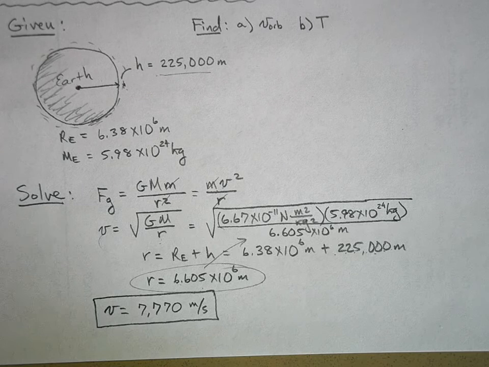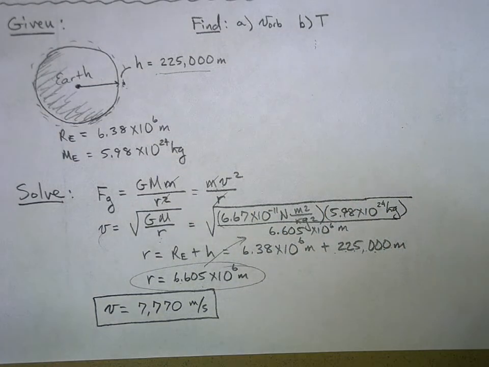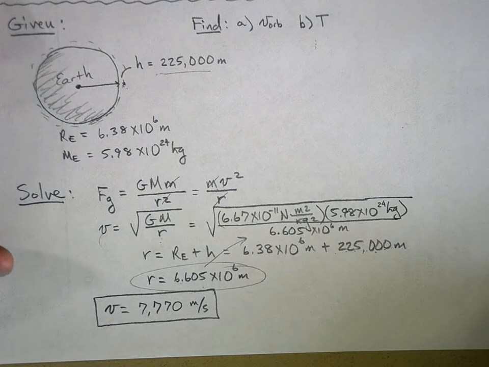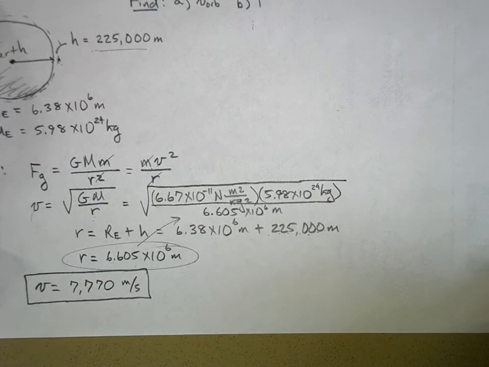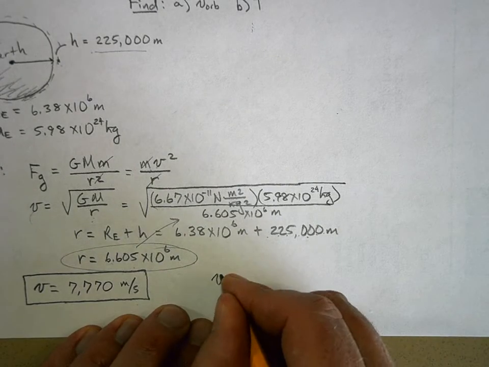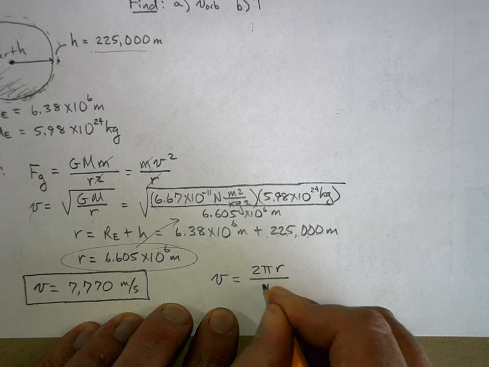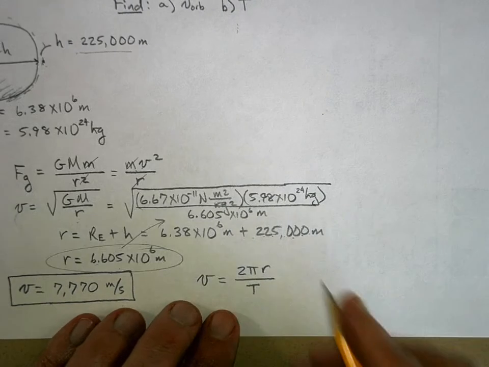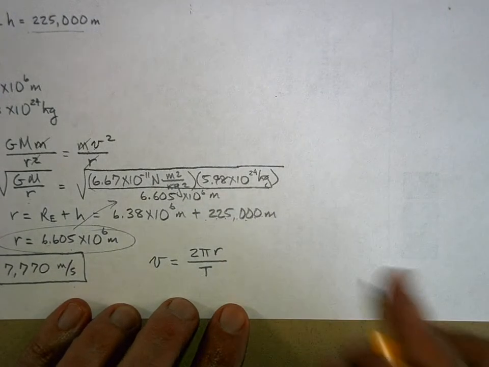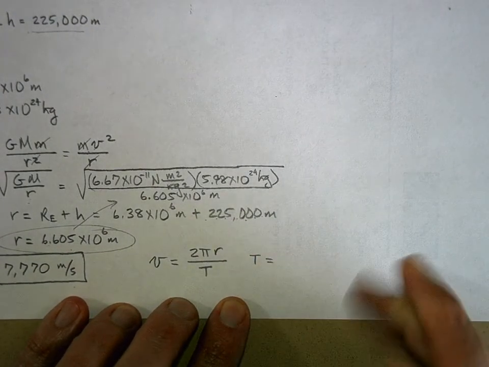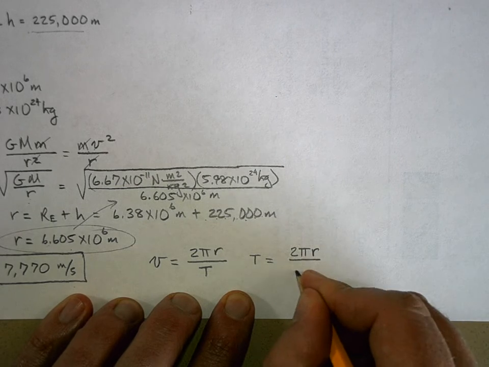Well, we could figure that out. But first, let's figure out what the period is, and then we could answer that question. So now that we know the velocity, we can figure out the period, because the velocity is also equal to 2 pi r over the period. And so I can solve for the period. The period is equal to 2 pi r over the velocity.